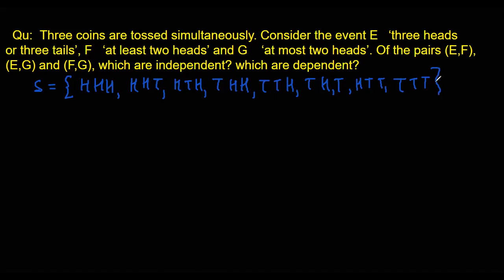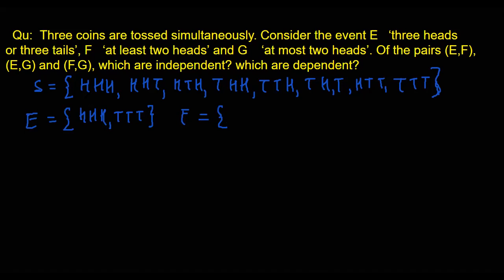Okay, so these are the total outcomes. So there are eight. So event E is what? E is defined as three heads or three tails. So that means E contains three heads or three tails. This is event E. How is F defined?